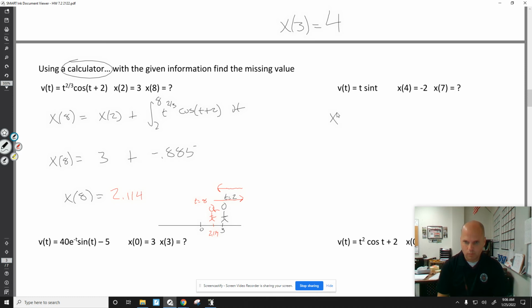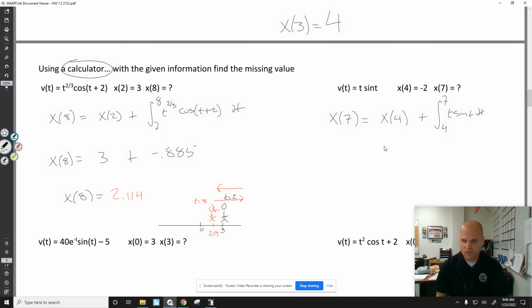All right, so here I want to find my position at time 7. I know my position at time 4. Let's find my displacement, which I found earlier. My accumulation of velocity. I can't take the antiderivative, so I use my calculator.